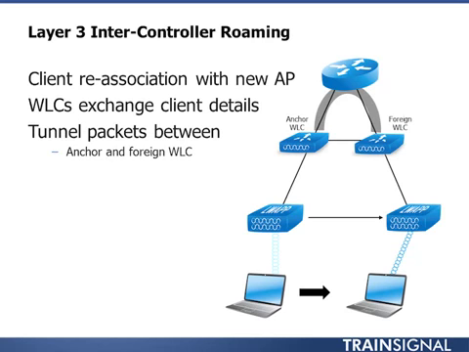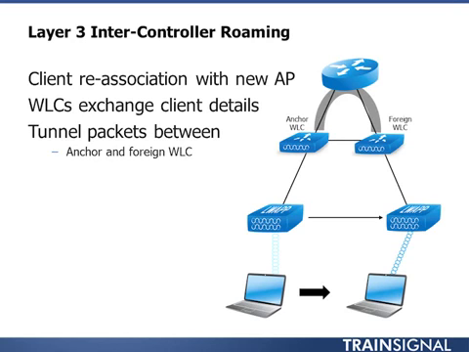Effectively what happens is packets destined for this client will arrive at the Anchor wireless LAN controller, and it will say, oh, this is for client A, and so it will put a header on top of that packet and send it on its way. That header will have the address of the foreign wireless LAN controller, and so it will go hop by hop across the network until it gets to the foreign wireless LAN controller.